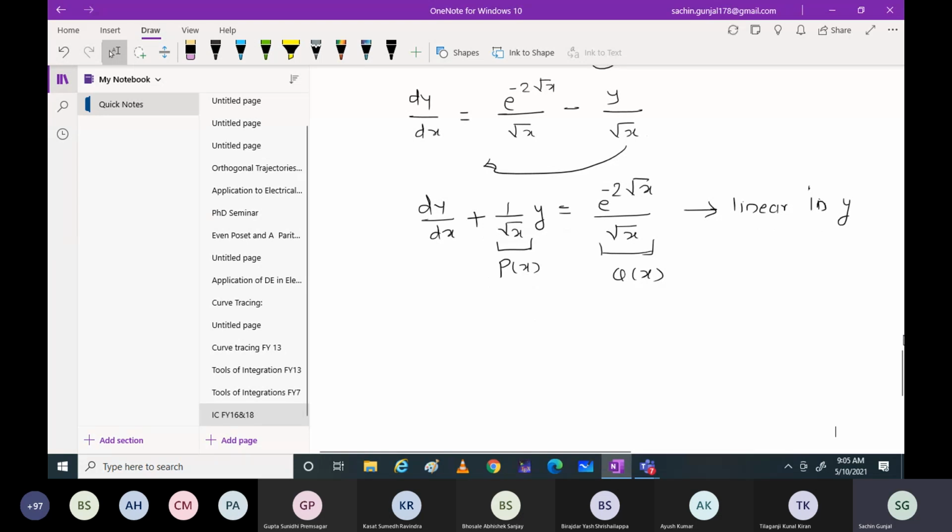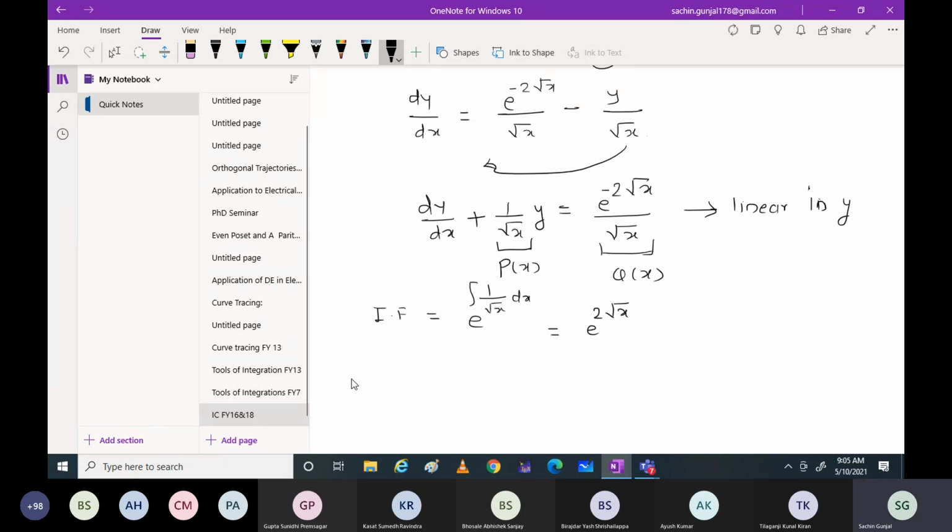What is its integrating factor? E to the power 2 root x. Correct. So e raised to integral 1 upon root x dx, which you can write as e raised to 2 root x.